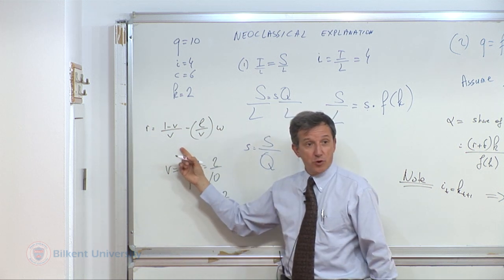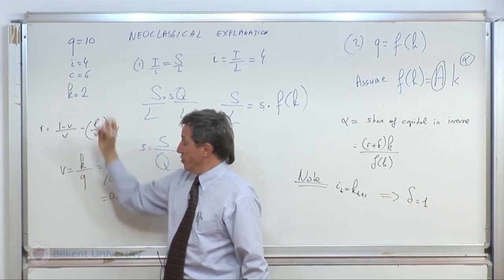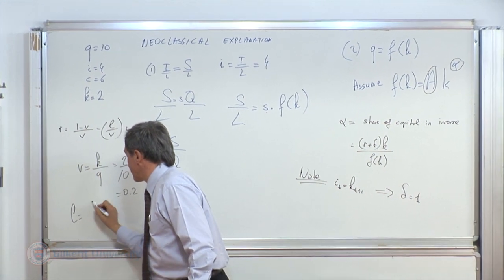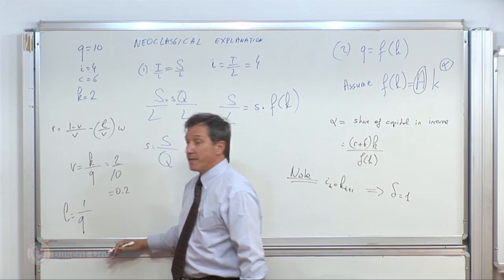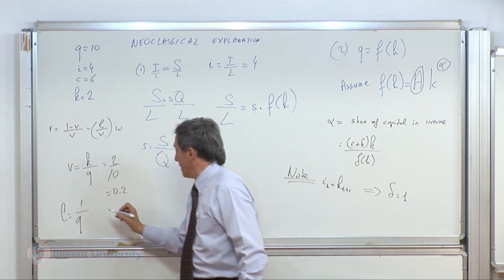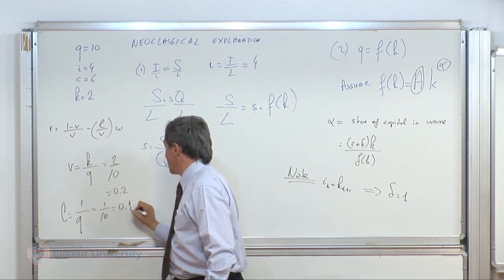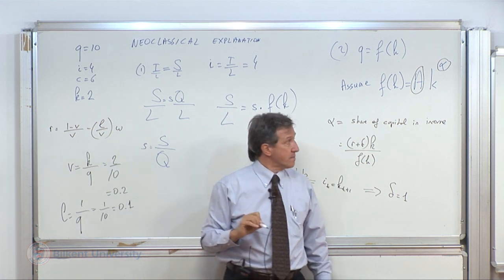So V is 0.2. Little l is the inverse of Q, 1 over output per labor. It is the labor output ratio, and this is 1 over 10, so this is 0.1.